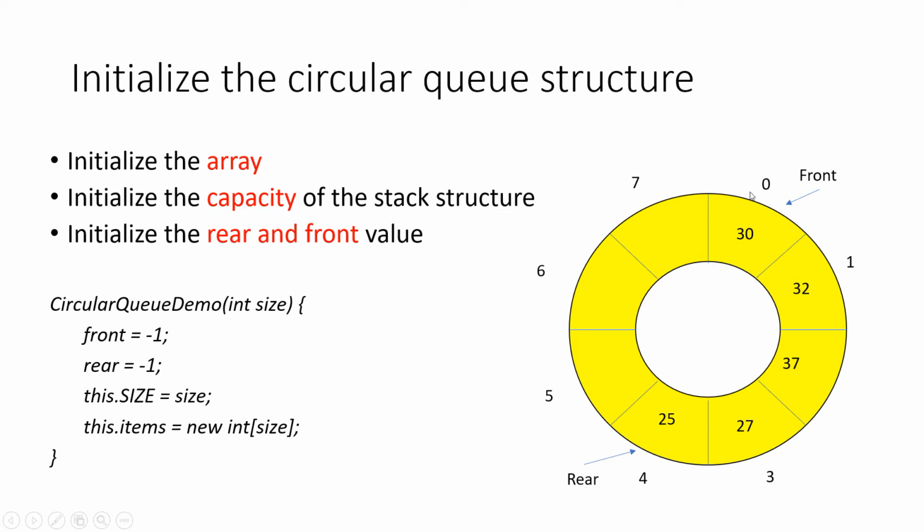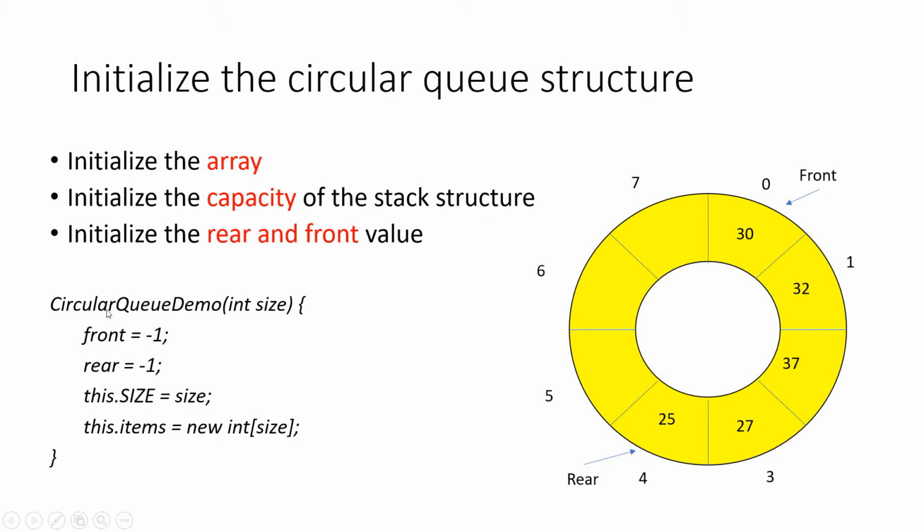Also, we have to initialize the front and the rear value. These are the indexes which will maintain the insertion and the deletion point in this queue. So you can see here I have a front and a rear index which are initialized with -1. Also, the size is initialized with the size value which we are passing in this constructor. With this size, again we have to create an array.